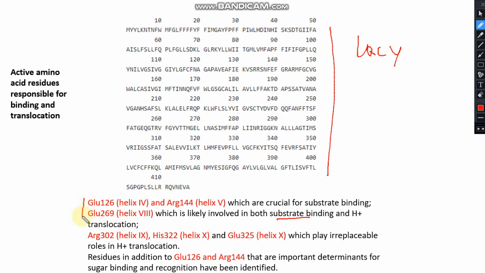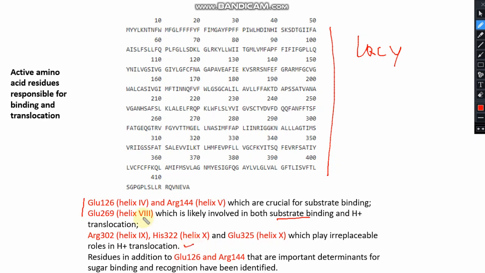Here I marked in red the residues responsible for substrate binding as well as proton translocation. These amino acid residues I found from the Uniport system. There are also some other residues like arginine, histidine and glutamate, which are responsible for the proton translocation system.